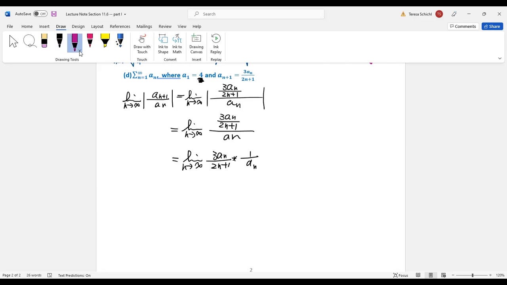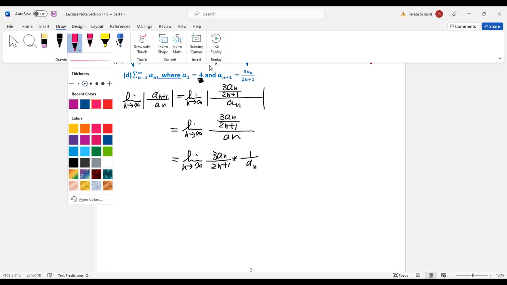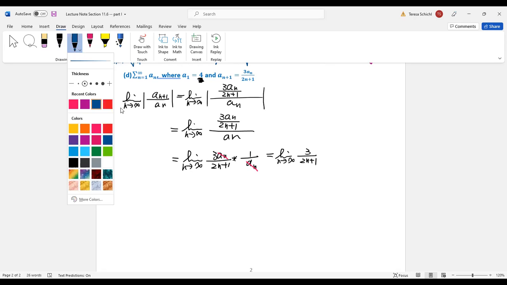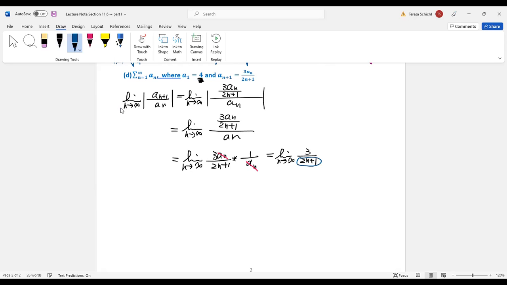After I flip it, you say, oh, the a sub n and a sub n cancel, right? So what I have here is the limit as n approaches infinity of 3 over 2n plus 1. Because n approaches infinity, the whole limit will approach 0, because 0 is less than 1.